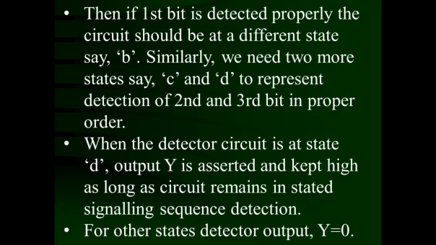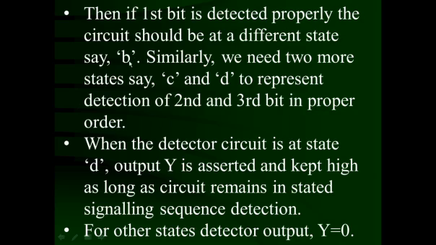So it cannot reside in B, so it will make a transition to the next state, and that next state is designated as C. And if it now receives 0, all 3 bits are going to be detected. So it makes a transition from C to D. And we say that the sequence is already detected properly and the output will go to the high state.